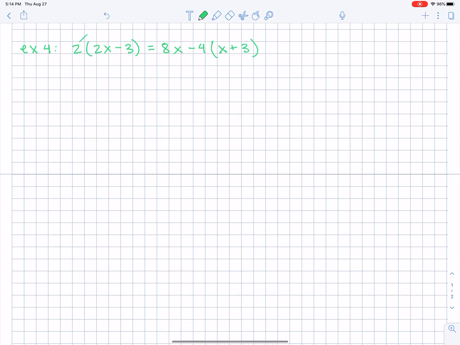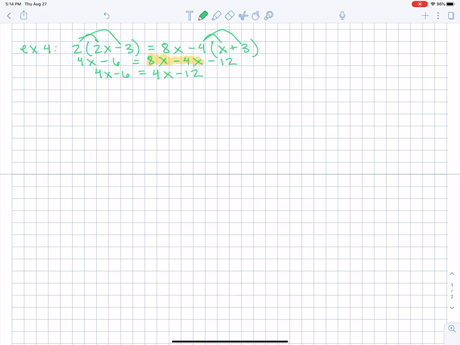Let's go ahead, distribute that negative 4 in there. 4x minus 6 is equal to 8x minus 4x minus 12. Now go ahead, combine these like terms. So 4x minus 6 is equal to 4x minus 12.